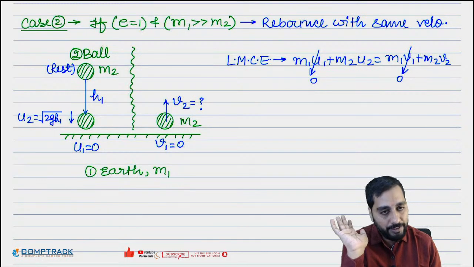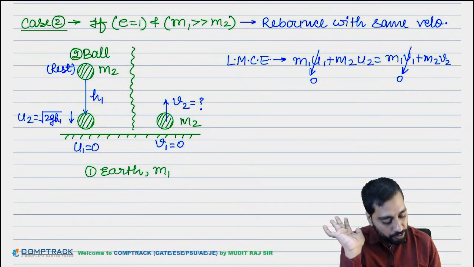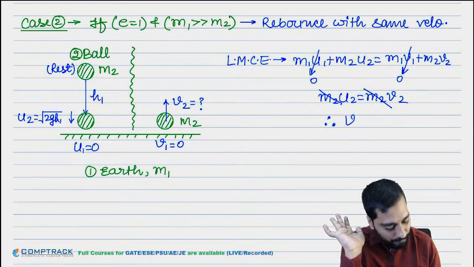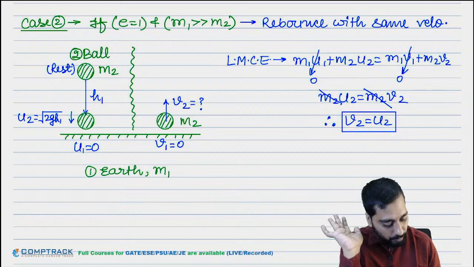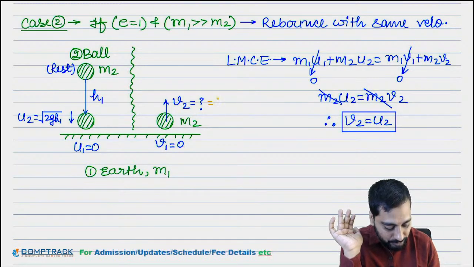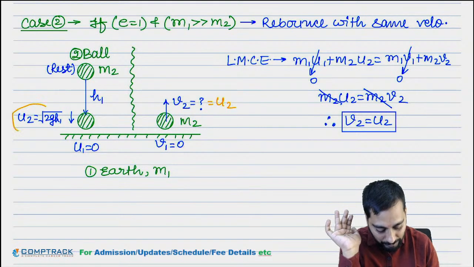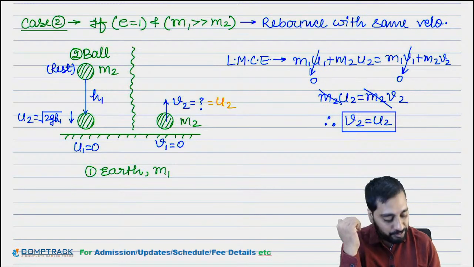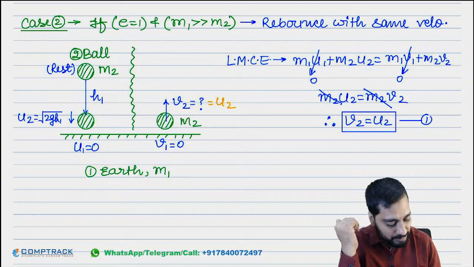So from here m2 u2 equals m2 v2. Simple, it will cancel out. Hence v2 equals u2. So actually it will rebound with the same velocity u2 that it had initially before the strike. So here it is proved that it will rebound with the same velocity.